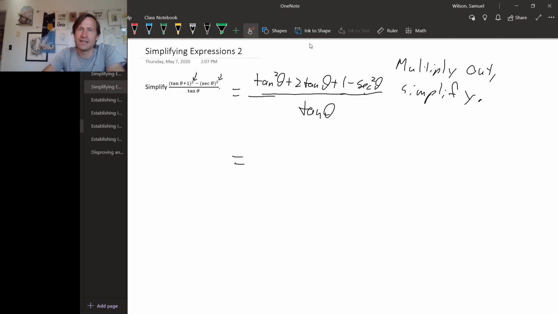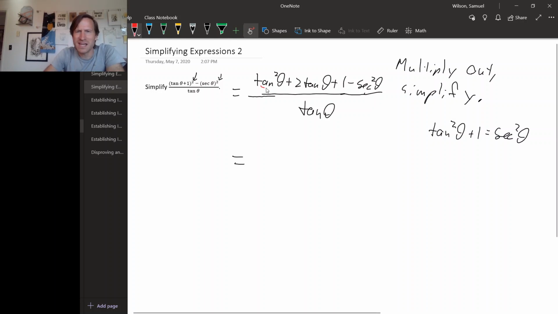Seeing these squares around reminds me of the Pythagorean identities. And since we have tangents and secants, let's remind ourselves what the Pythagorean identity is for tangents and secants. It's tangent squared theta plus 1 equals secant squared theta.